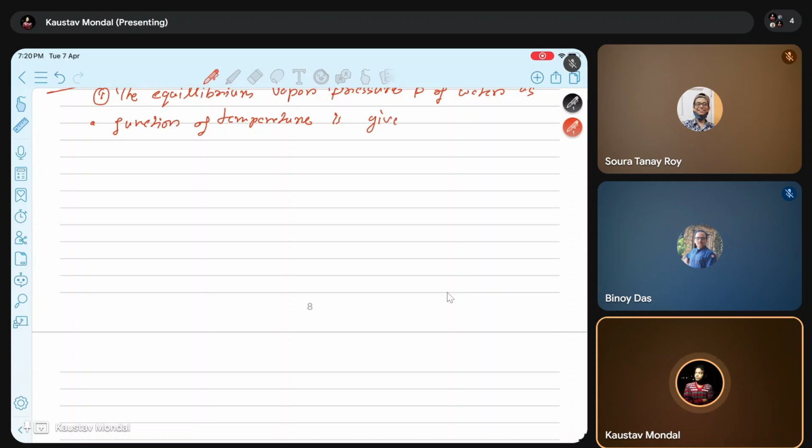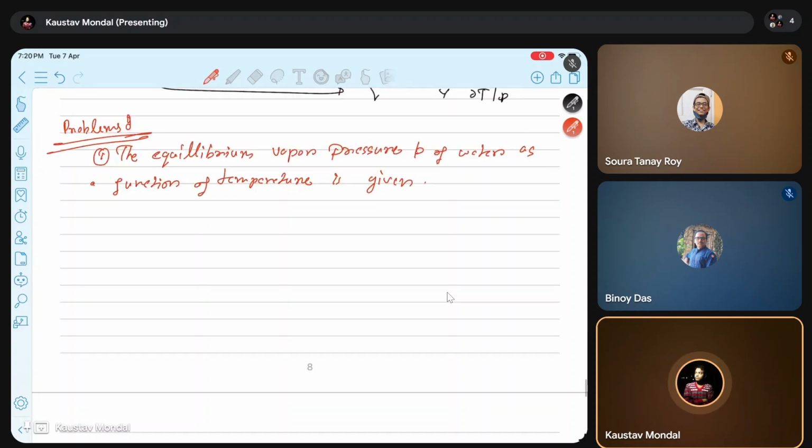So there is a table given showing how the vapor pressure changes with temperature for water.